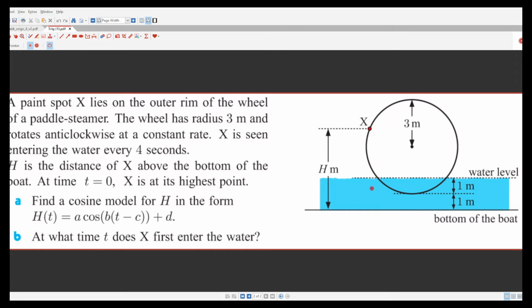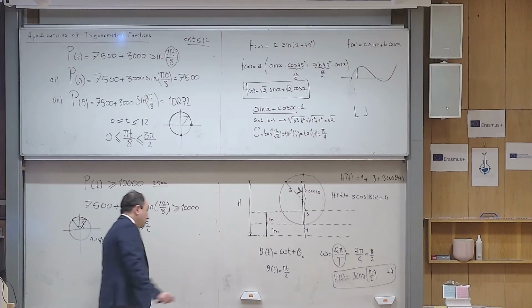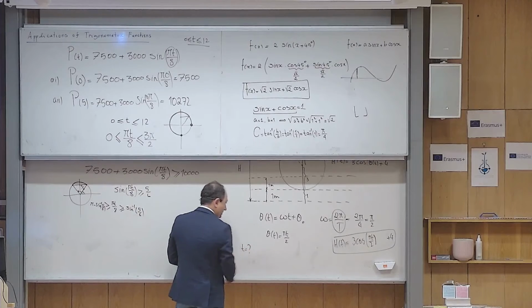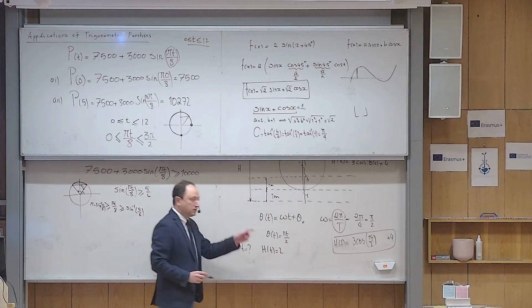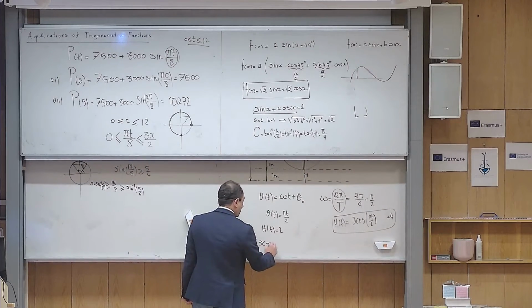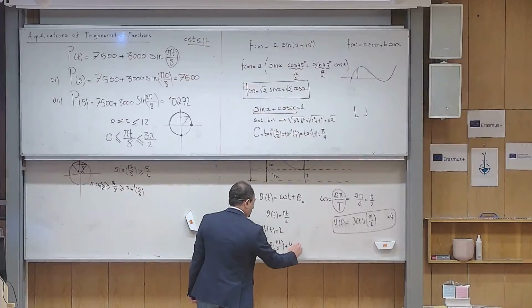So I would write: for which time is h of t equal to 2, and then try to solve the equation. So this becomes 3 cosine of pi t over 2 plus 4 is equal to 2.